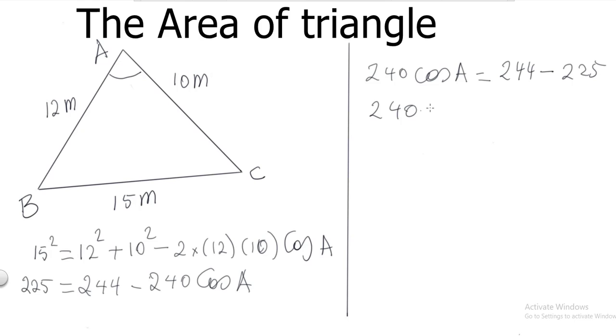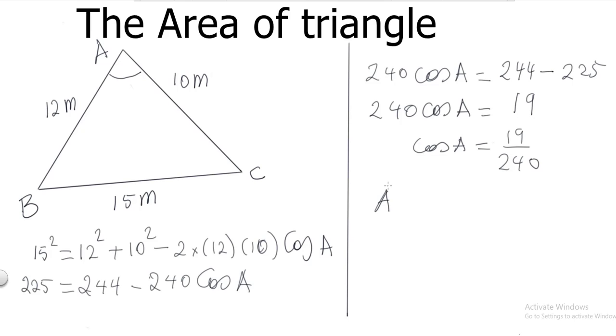So here we'll have 19. Therefore cos A will be equal to 19 divided by 240. We divide both sides by 240.